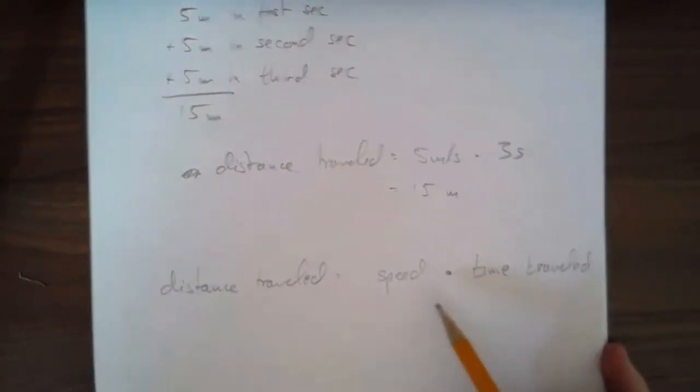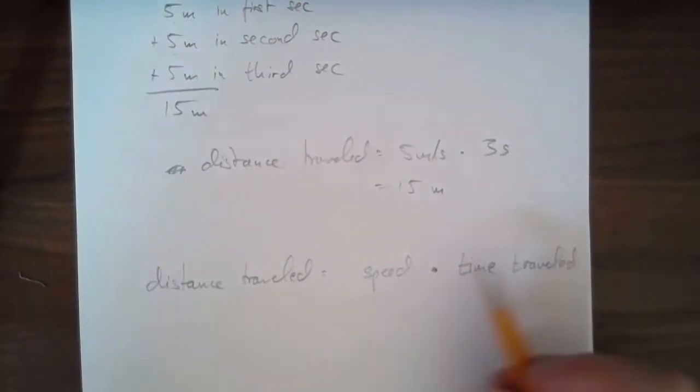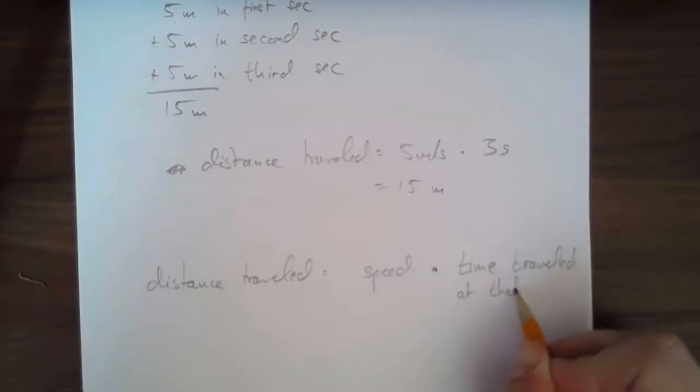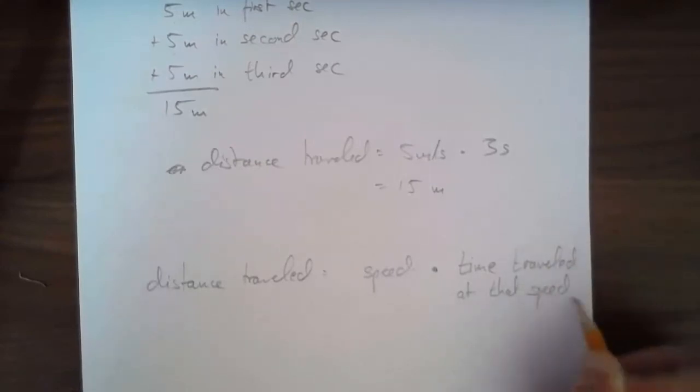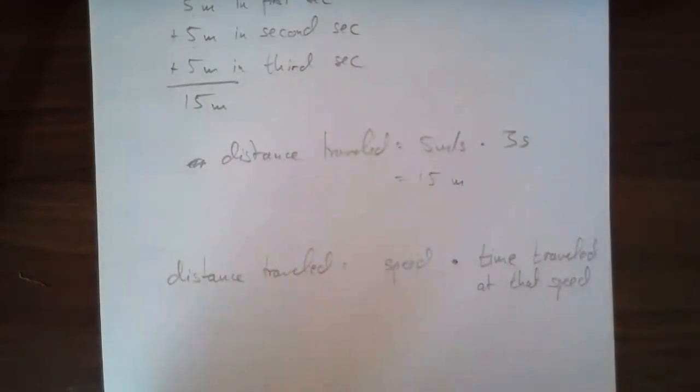No, it's a time interval or the time period that we've traveled at that speed. I hope that makes sense to you. Okay, so that's the basic notion of speed.